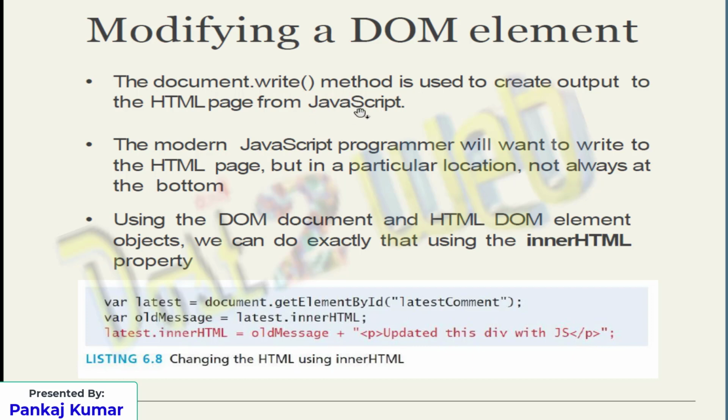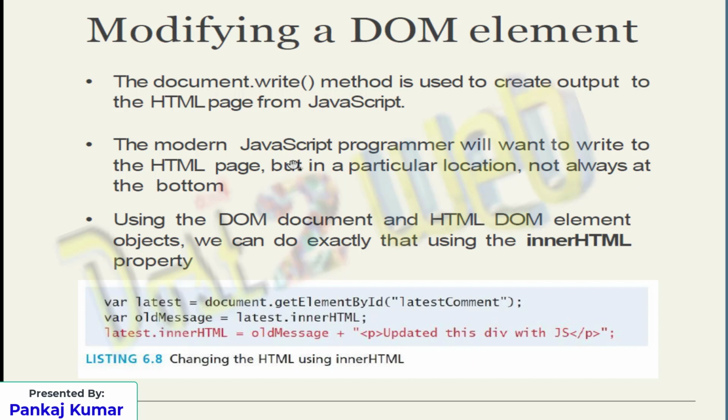Okay. Then this is the modern JavaScript program, whatever we are now using. So we want to write to the HTML page, but in a particular location, not always at the bottom. Generally, developers sometimes have the habit of writing JavaScript at the bottom. Then you can use it anywhere.